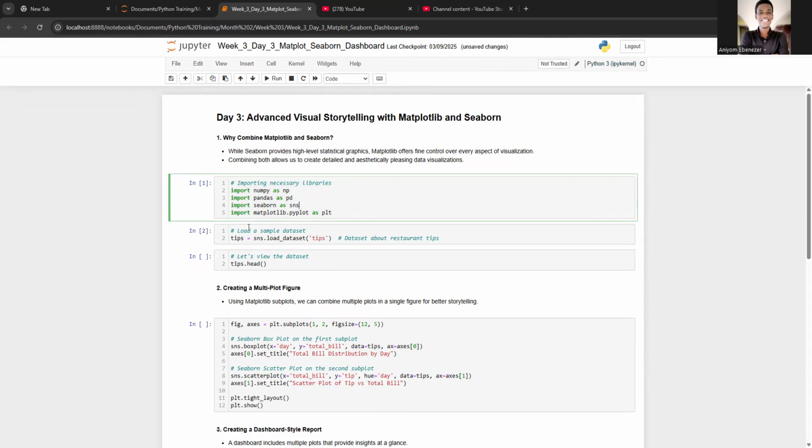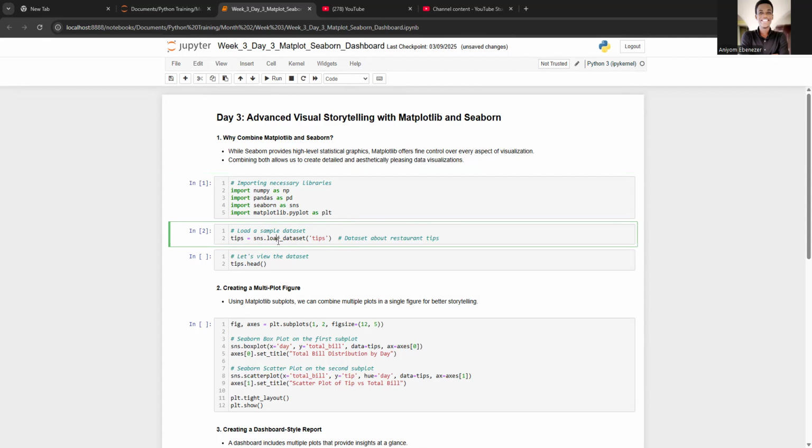So we made use of the iris data, which was an inbuilt dataset in Seaborn, right? So today we are going to make use of the tips data. What it does is give a dataset about restaurant tips.